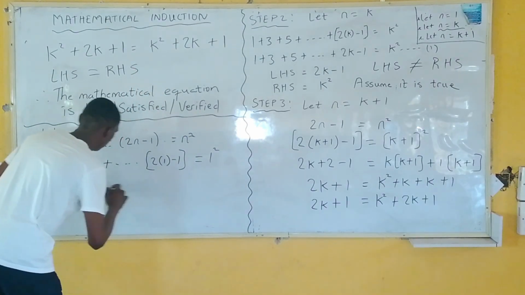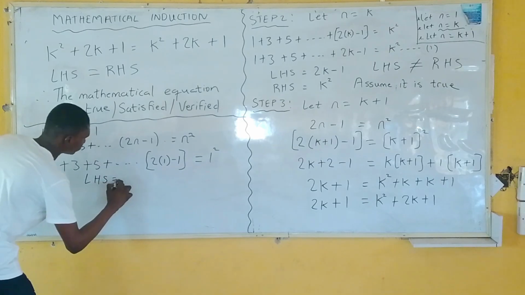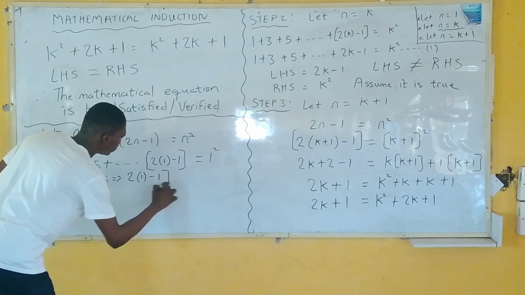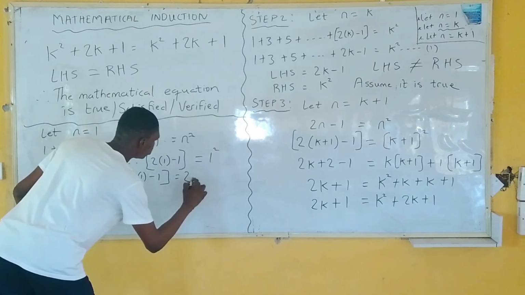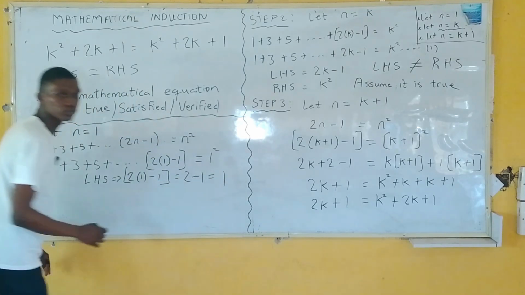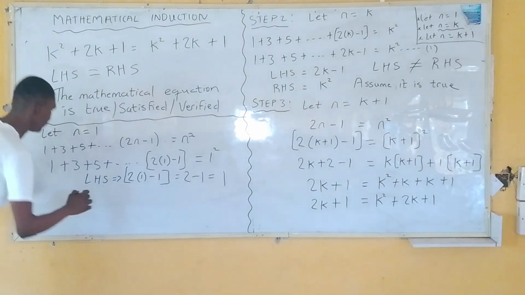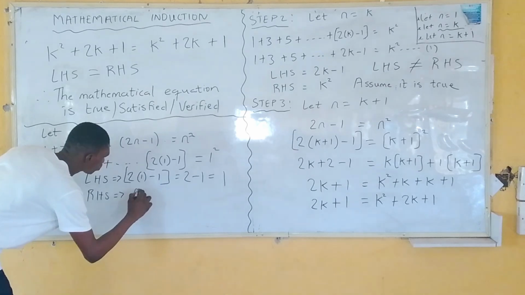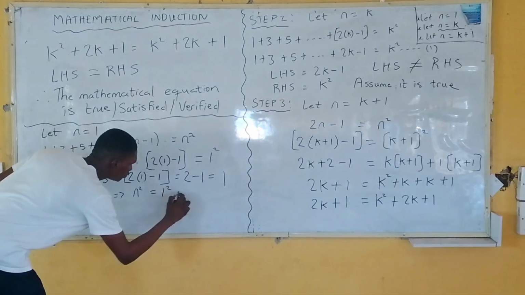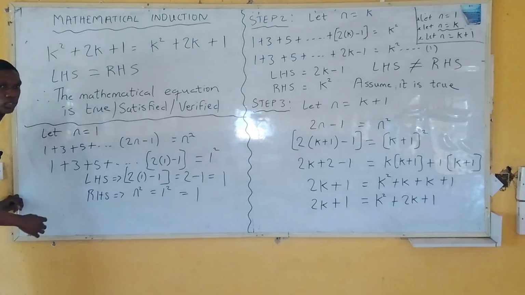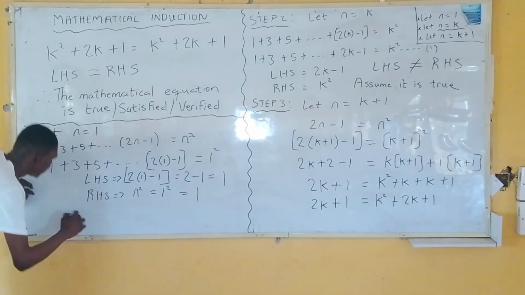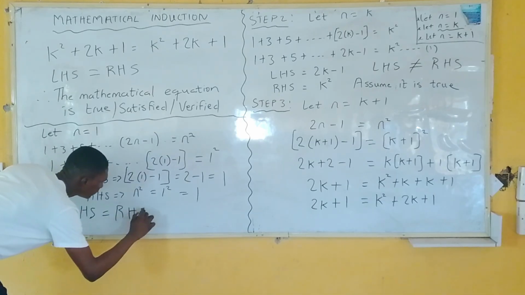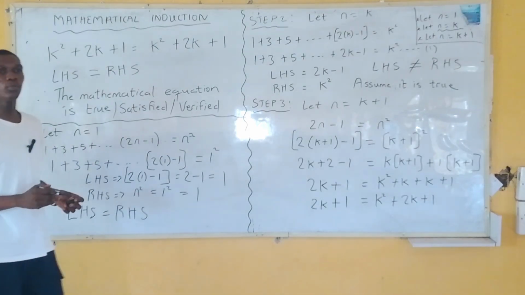So the left hand side is 2 open bracket 1 minus 1, which is 2 minus 1, which is 1. The right hand side is n squared, right? Which is 1 squared, which is equal to 1, right? So now you can say that the left hand side is equal to the right hand side. You can now move on.